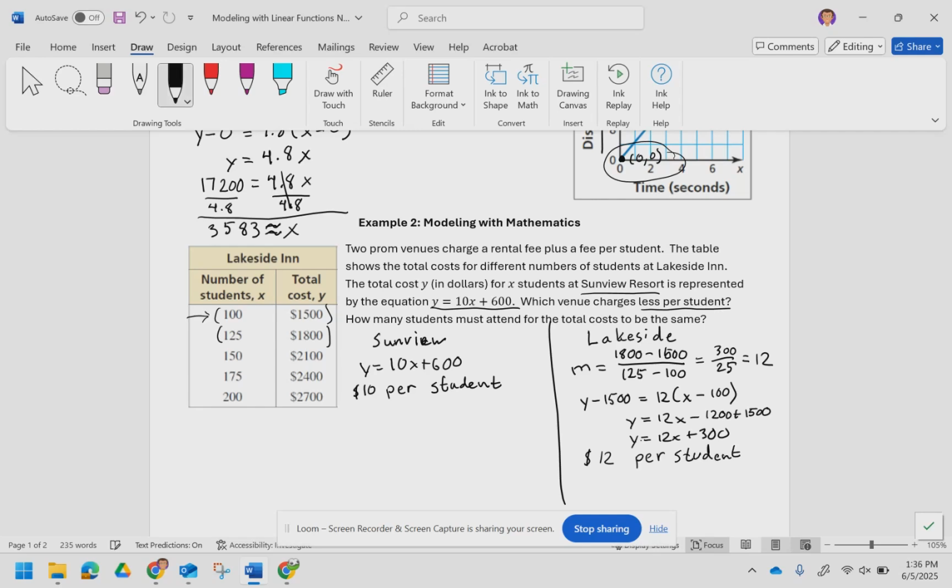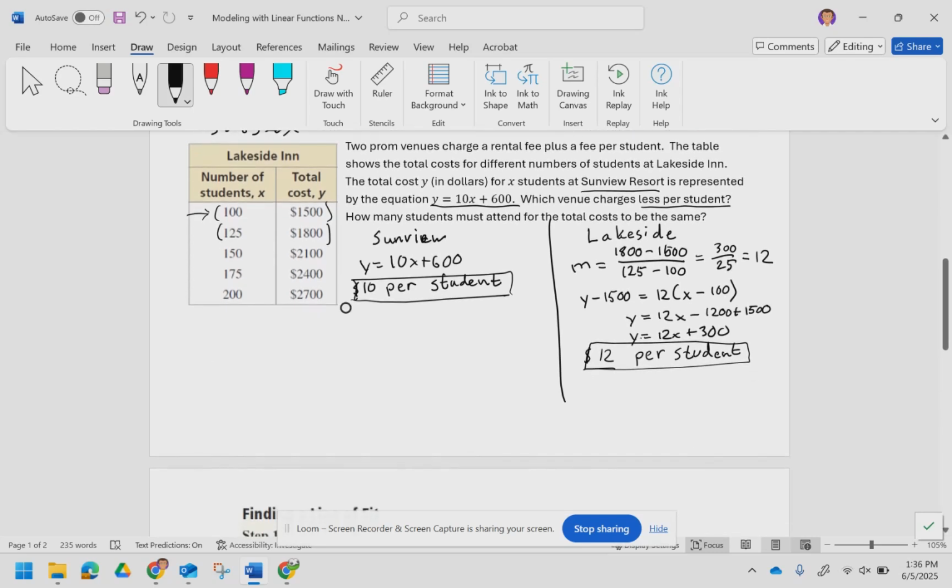All right, so that answers the first question. $10 per student and $12 per student. Now we want to know how many students must attend for the total cost to be the same.